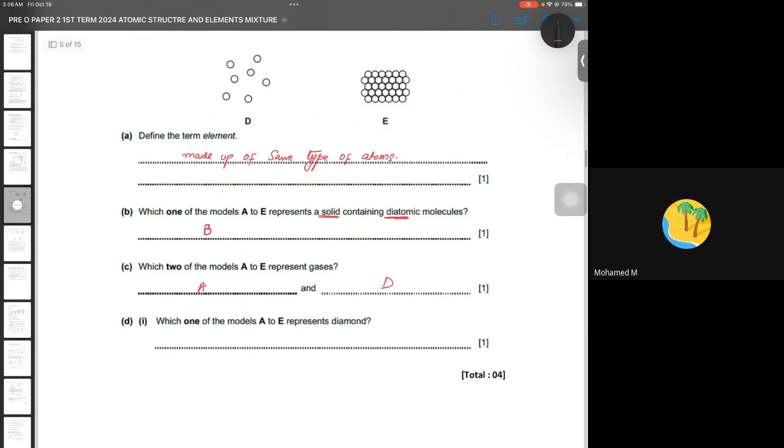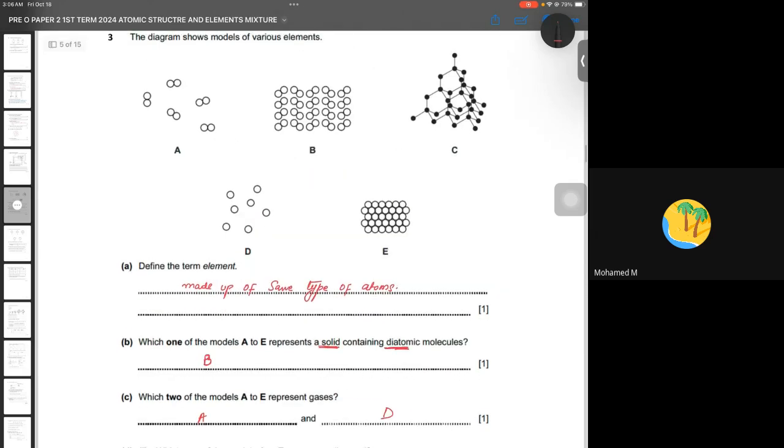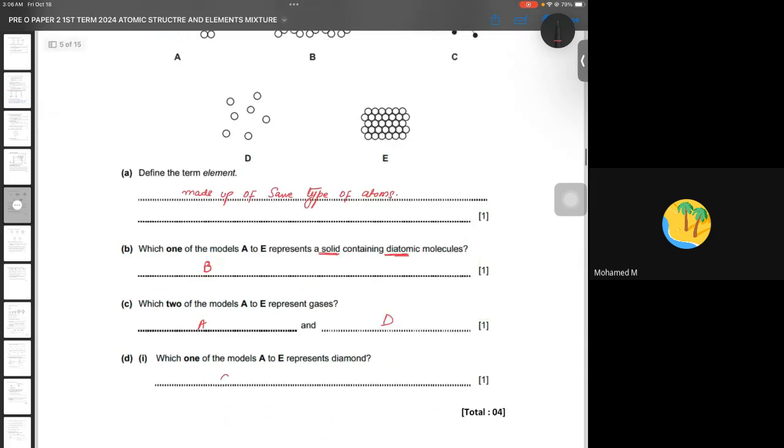Good. Which one of the models represents diamond? Obviously, this is diamond. C. Good. Diamond is C.